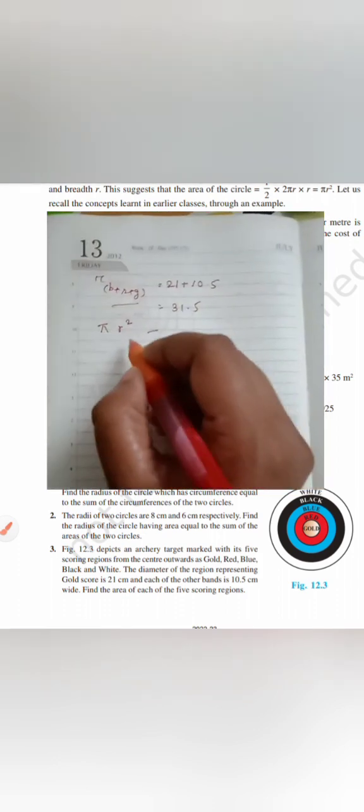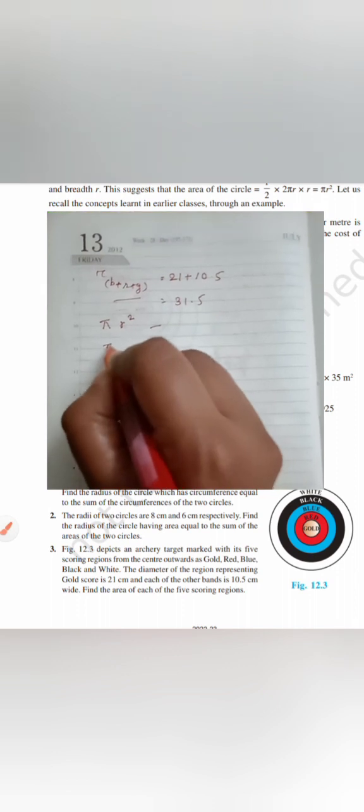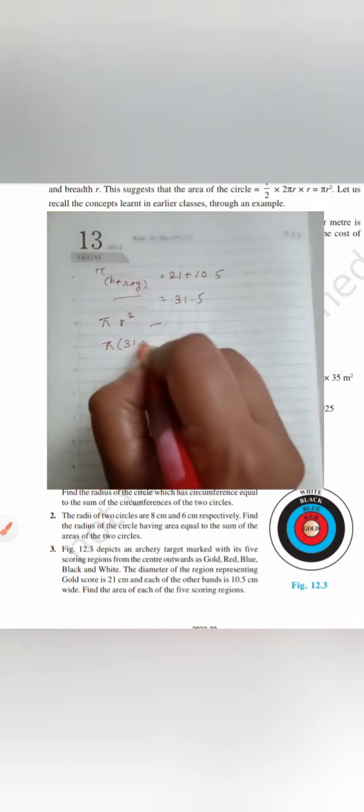So pi r square is pi into 31.5 the whole square, minus whatever was my previous answer, 1036.5. So I will find this answer and subtract it. I leave this to you to complete it, and now we will move to the next question.